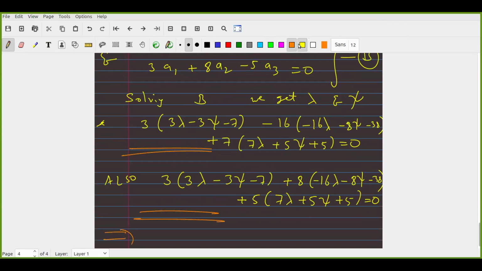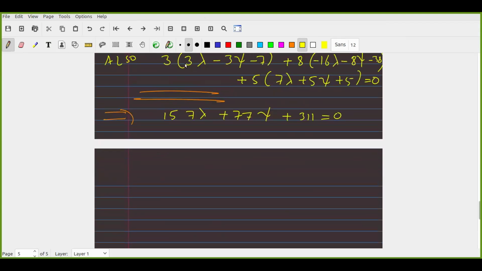These two simplify to 157 lambda plus 77 xi plus 311 equal to 0, and the second orange line will simplify to 11 lambda plus 7 xi plus 25 equal to 0.